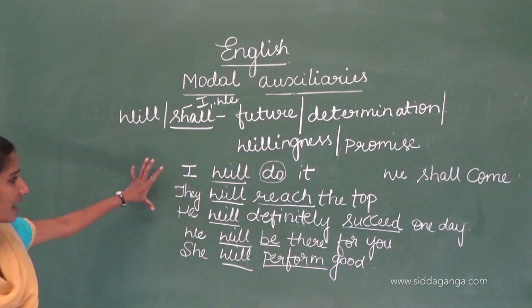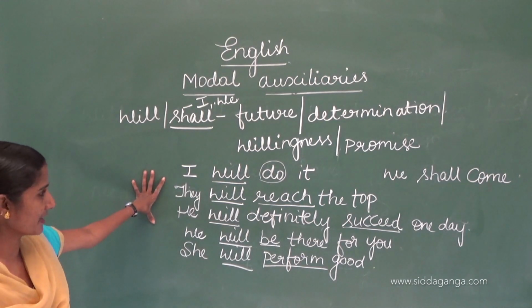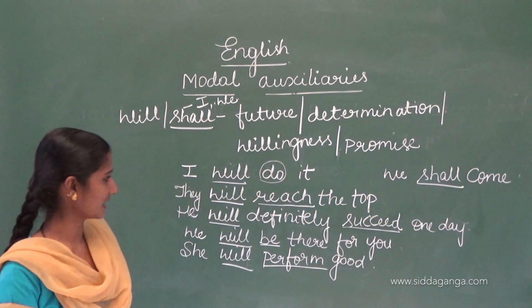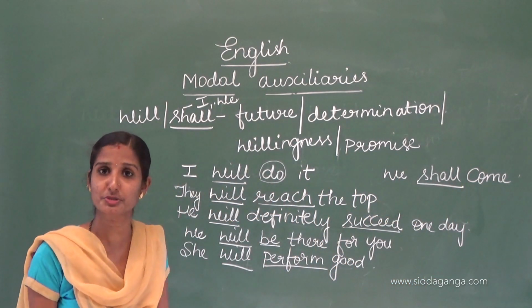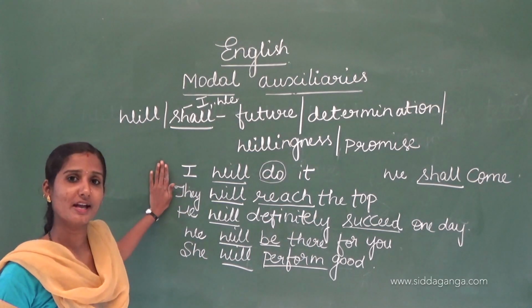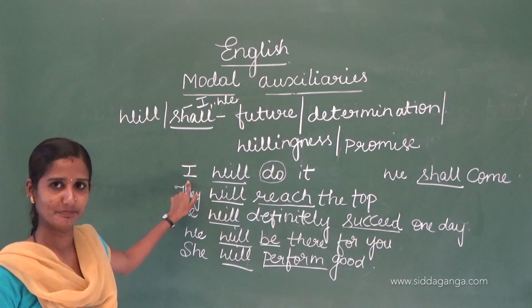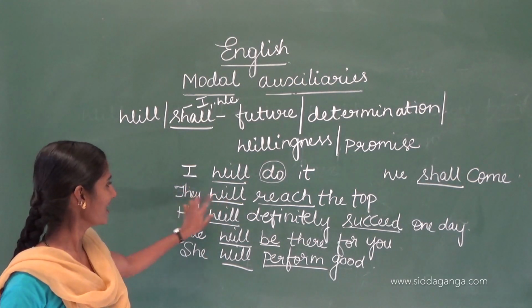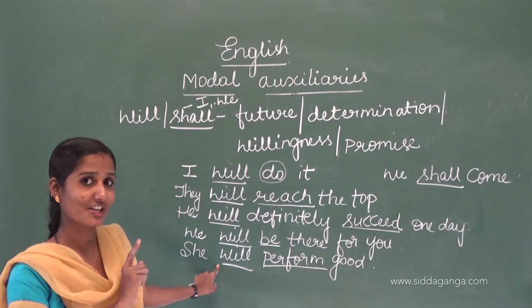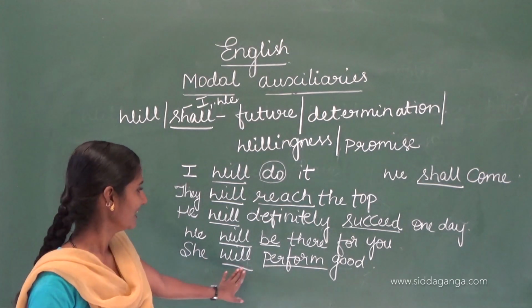So here I have given you some examples. In all these examples I have used modal verb, and right after those modal verbs I have used present form of the verb, right? Will, they will, he will, we will, she will, we shall. There is no change in the verb.